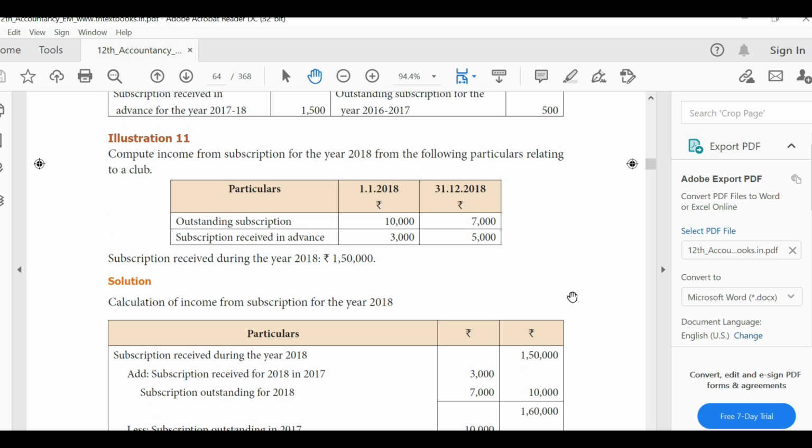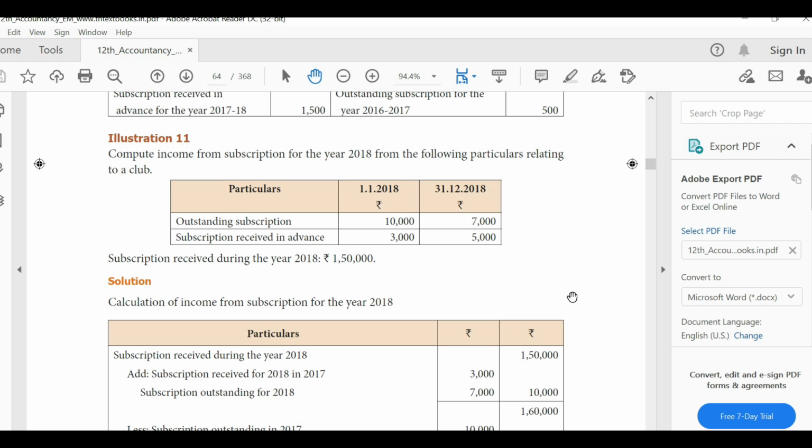The next problem is, the outstanding subscription for 1/1/18 is 10,000 and on 31/12/2018 is 7,000. Subscription received in advance is 3,000 and on 31/12/2018 it is 5,000. So this is the opening and closing balance of advances, and this is the opening and closing balance of outstanding subscription.